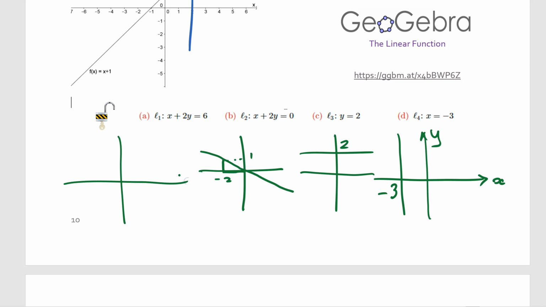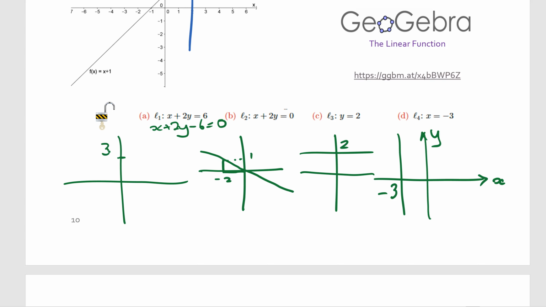And for the first one, x plus 2y equals 6, again, use whichever option suits. Whichever way we go, we're going to have to alter this equation. So if I go in standard form, it will be x plus 2y minus 6 equals 0. So my y-intercept is minus c over b, so that's minus 6 over 2, so that's 3.